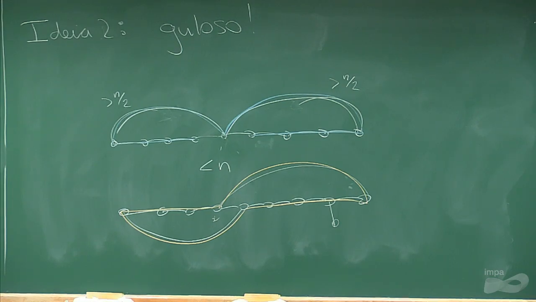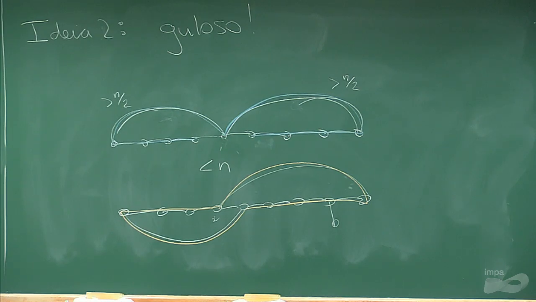Or if you like, take the longest path in the graph. It's not longest unless it has all the vertices, but there you found a cycle. There are various ways to do this.